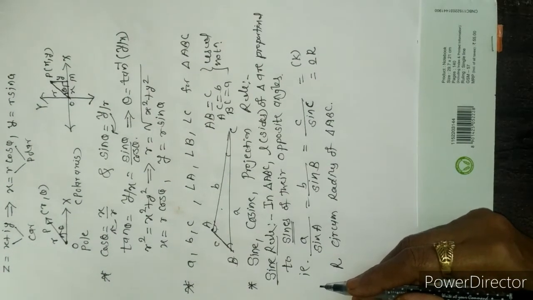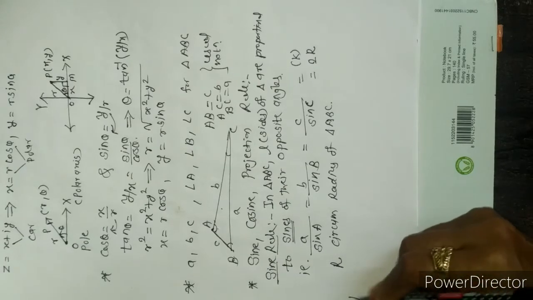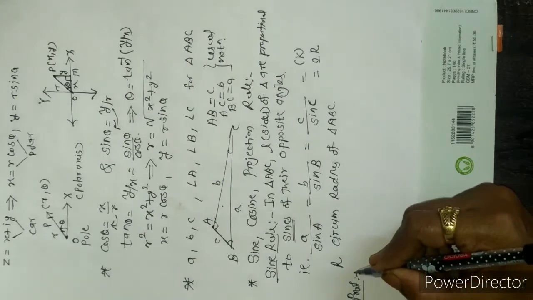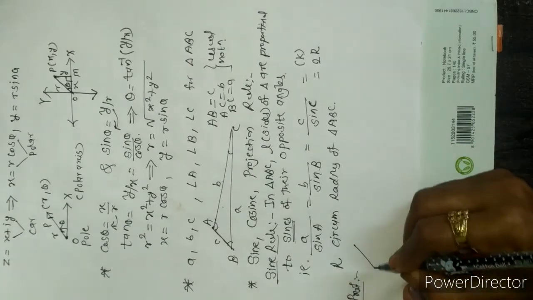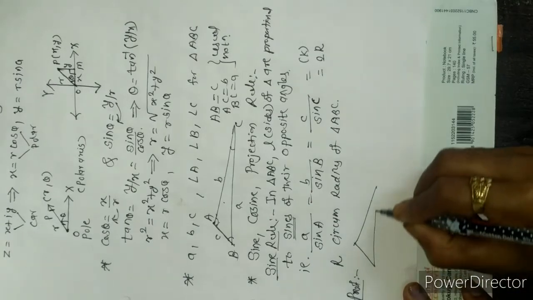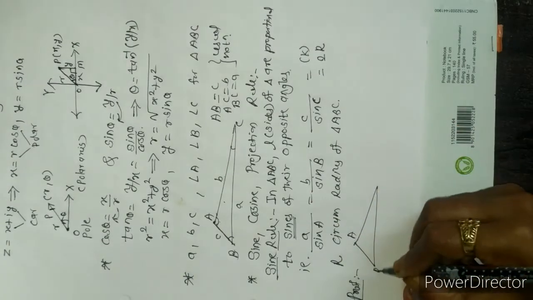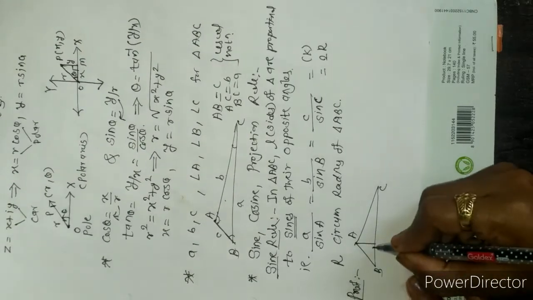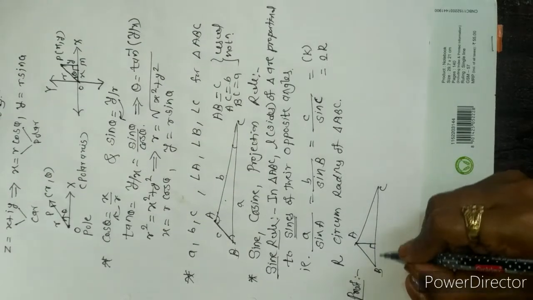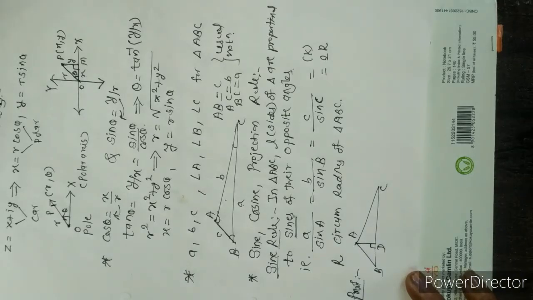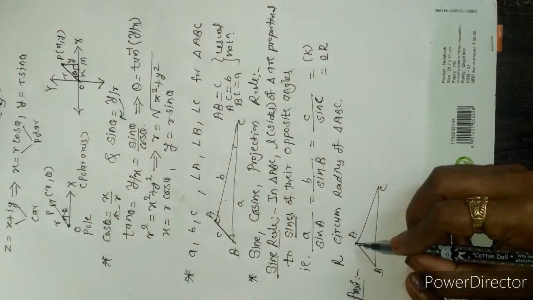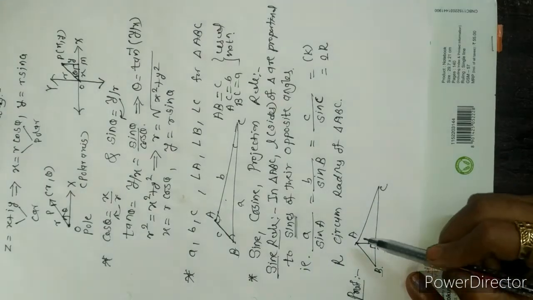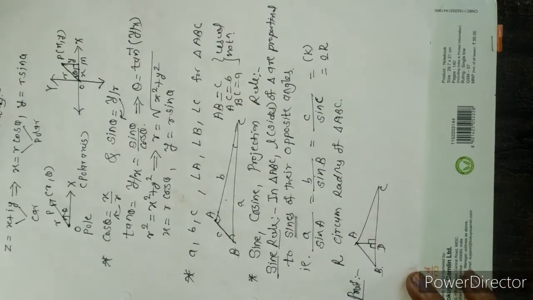Here we take only some concepts for the proof of the sine rule. With usual notation, suppose we form any triangle ABC. Now we take a perpendicular from vertex A on the side BC. Take that perpendicular as AD. So the measure of angle ADB is a right angle, and in the second triangle angle ADC is a right angle.